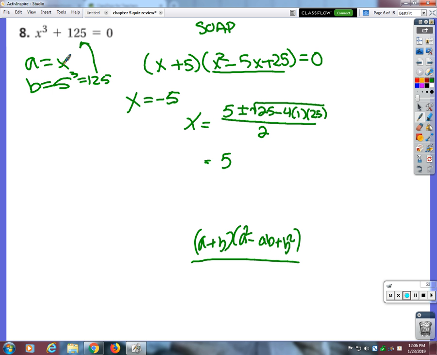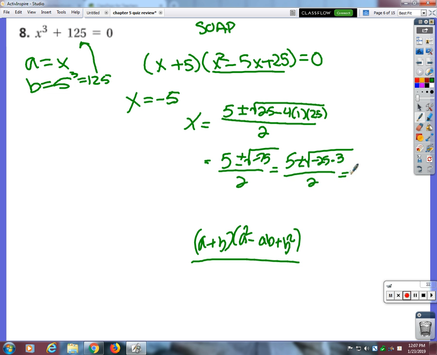All right, then I go 5 plus or minus. This inside simplifies to be negative 75 divided by 2. Negative 75 we can break down into negative 25 times 3.